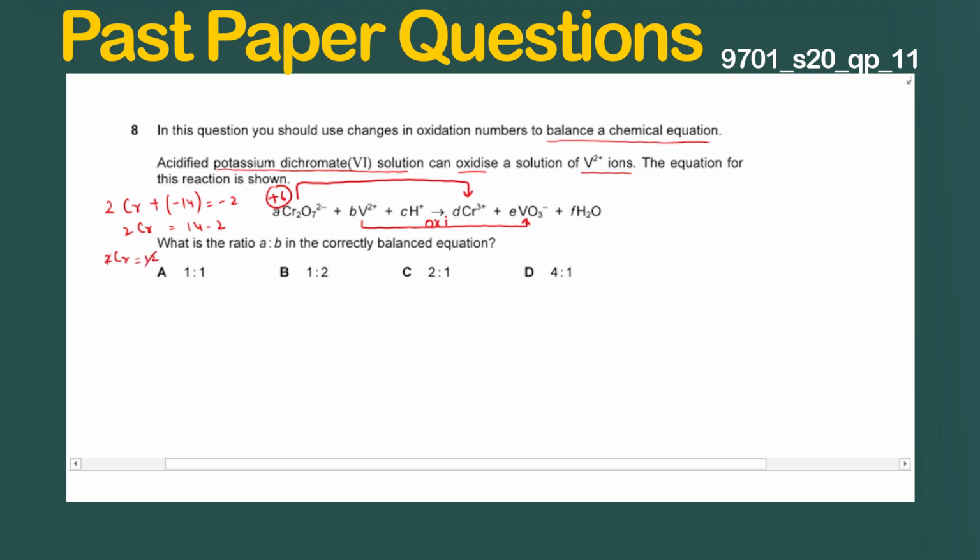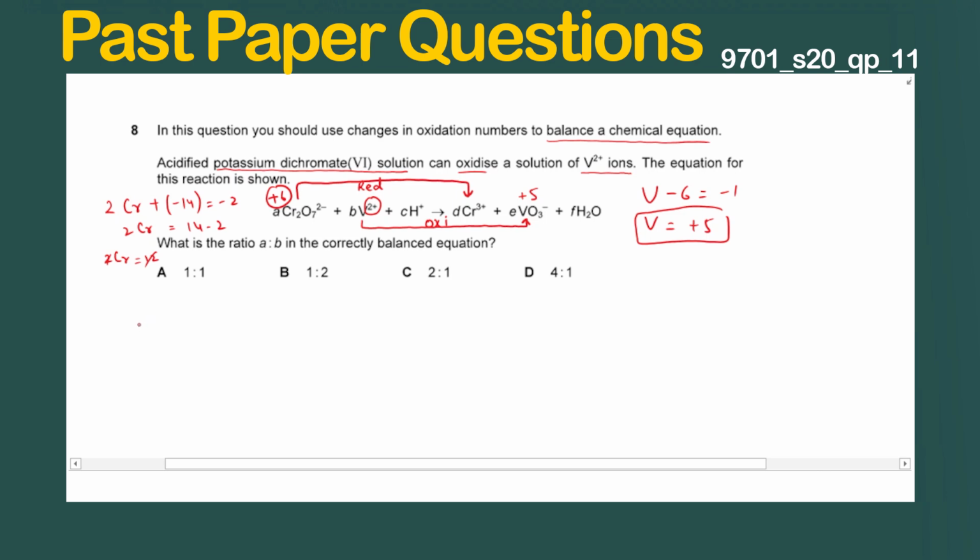Simplify this and you will get +6. In a similar way, V plus -6 equals -1. Vanadium has +5 oxidation state. So oxidation number changes from +2 to +5. So oxidation is taking place here, reduction is taking place here.